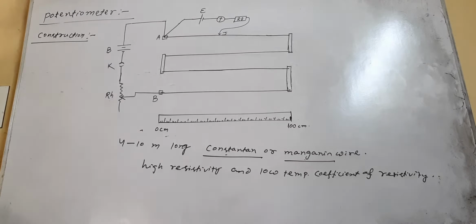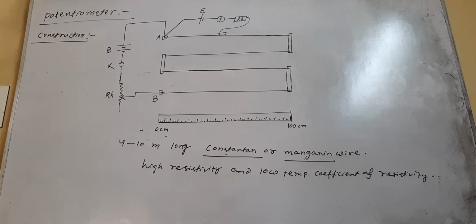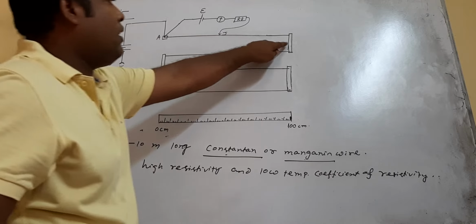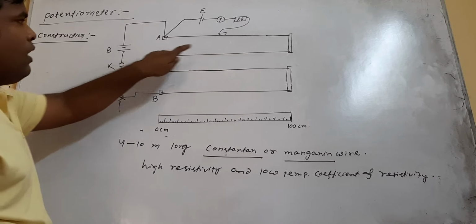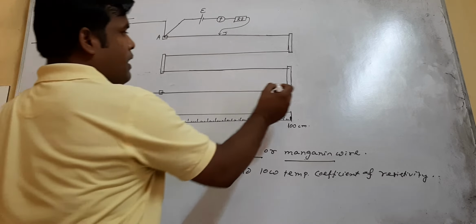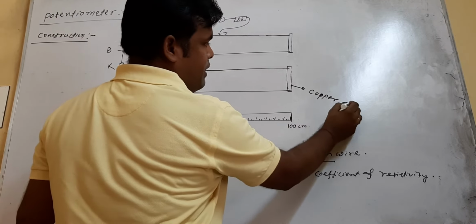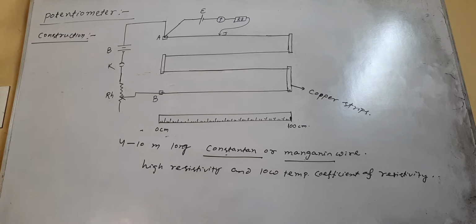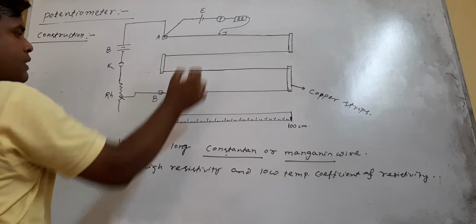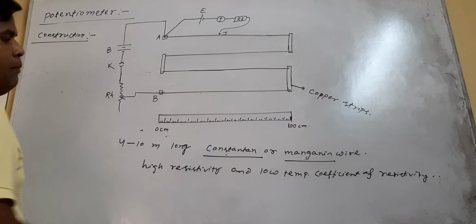So what we are doing here, several 1 meter long wires are connected together by means of thick copper strips. These are copper strips, and these wires are fitted on a wooden board parallel to a meter scale.